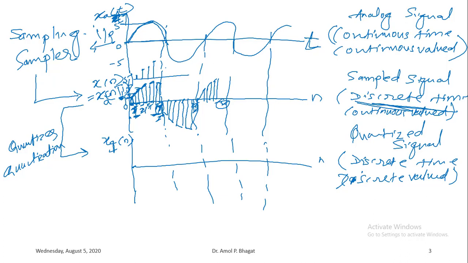Here the amplitude was continuously varying, but now time as well as amplitude will be discrete. That means a fixed level, which is called the quantization level, will be assigned to each sample in the quantized version of the signal. It will not be continuously varying; it has some fixed value.